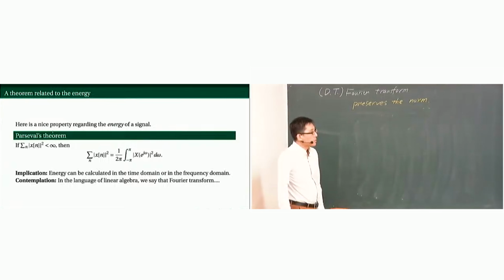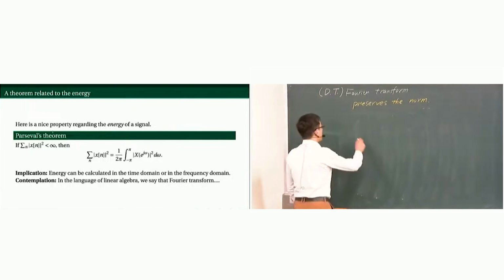Norm is about taking the inner product of a vector with itself, right? Does anybody remember, for those of you that have taken linear algebra? When we take the inner product of a vector with itself, that's defined as norm square.